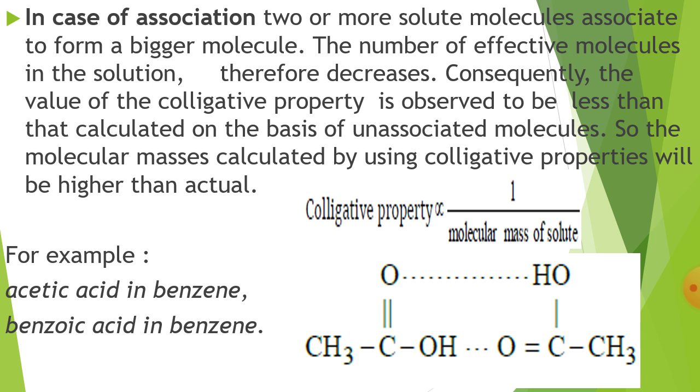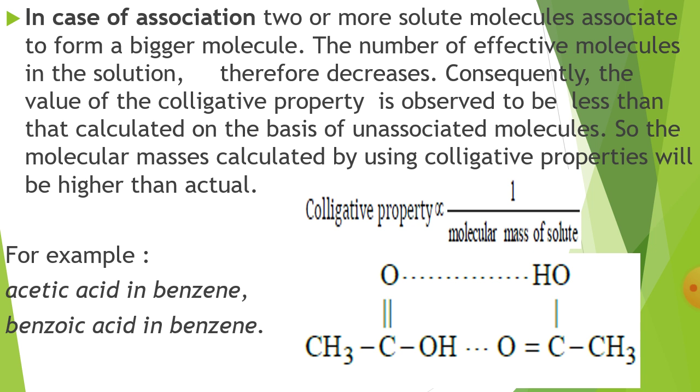For example, two examples you should learn for board examinations: one, acetic acid in benzene, and two, benzoic acid in benzene. Take the example of acetic acid in benzene. Two molecules of acetic acid are joined by H bonding.